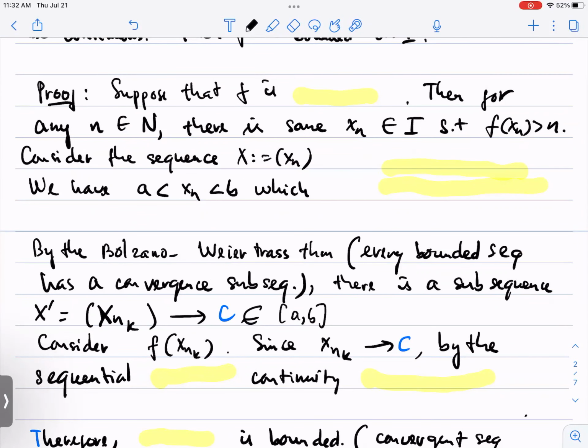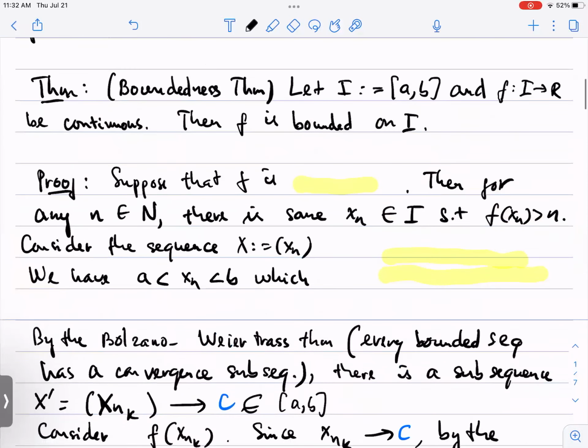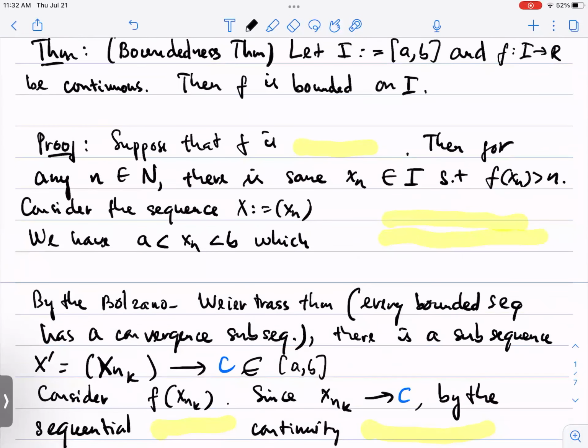Now, this is the second half of this class already. So you should, by this point, be very familiar with the technique of proving by contradiction. And the proof of this theorem is another example.